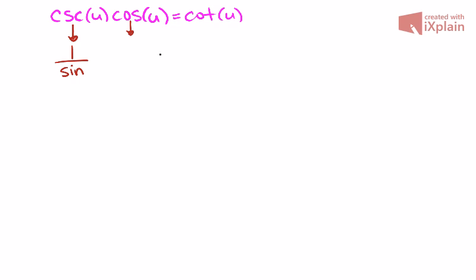Remember, never ever change cosine or sine. So cosine I can leave as cosine over 1. I'm multiplying, so I want to see if anything crosses out. I have a 1 on top and bottom, so I can cross those out, and I'm left with cosine over sine.